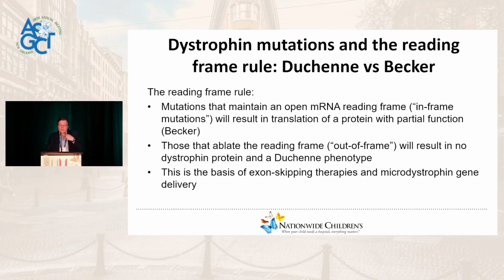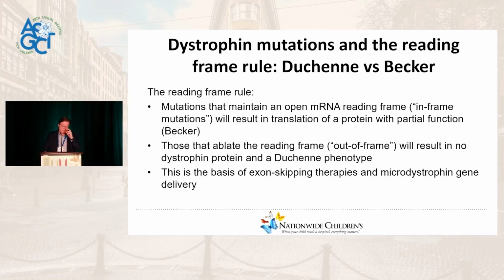That observation, right after the gene was cloned and identified, was defined as the reading frame rule. Unsurprisingly, those mutations that interrupt the reading frame and allow for no expression of a functional dystrophin are associated with Duchenne dystrophy, and those that allow some partially functional dystrophin are associated with Becker muscular dystrophy.